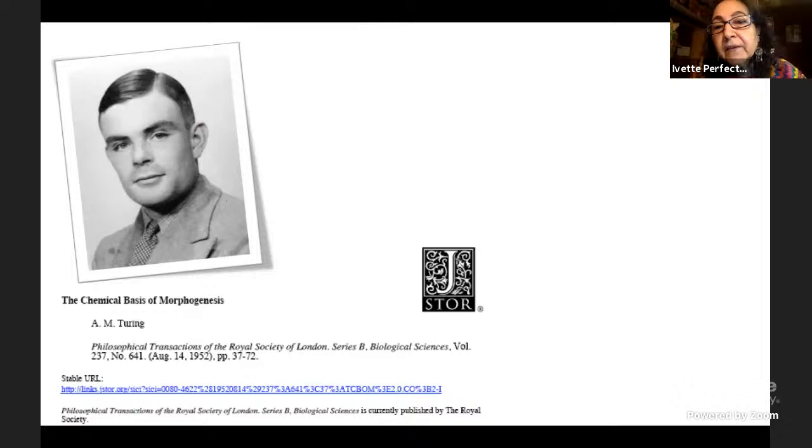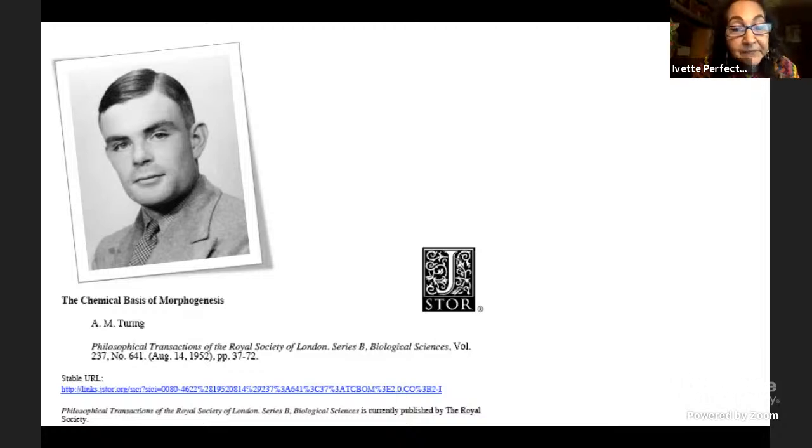So the cluster pattern of the ant is formed in a process similar to that described by Alan Turing in his famous paper published in 1952, The Chemical Basis of Morphogenesis. I don't know how many of you have read this paper. It's a fun paper to read. Turing was interested in the chemicals involved in the creation of spatial pattern during biological development, or morphogenesis.